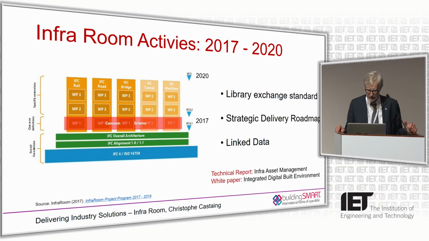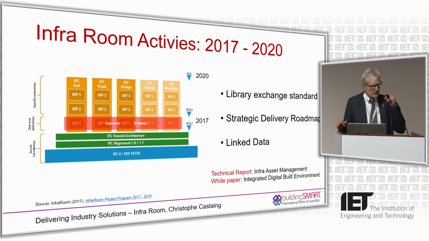We are also working on the question of the integrated digital built environment. That means we are working on the roadmap jointly with OGC and buildingSMART. The most important thing is what we are going to deliver. We are working on different projects, rail, road, bridge, tunnel, and harbor, to deliver IFC 5 as soon as possible, as the Chinese are requesting, which could be the beginning of the 2020s.